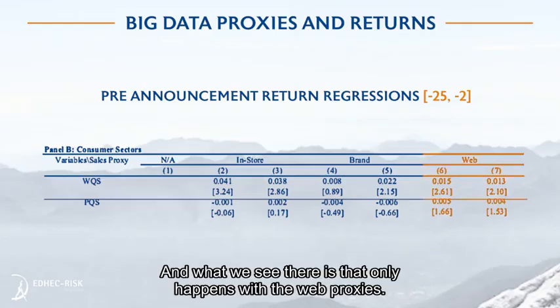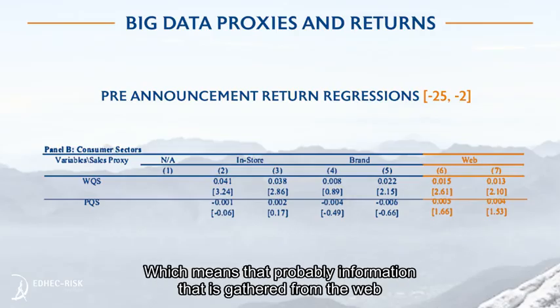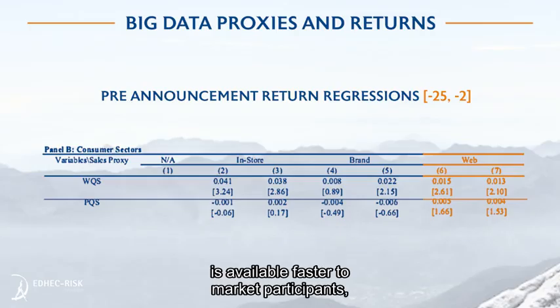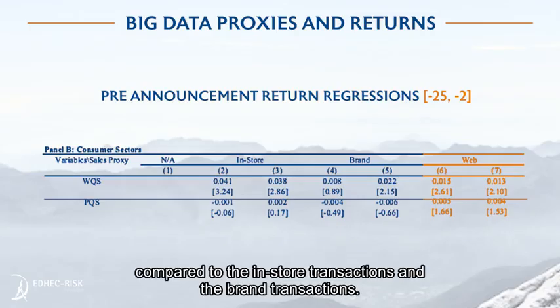And what we see there is that only happens with the web proxies, which means that probably information that is gathered from the web is available faster to market participants compared to the in-store transactions and the brand transaction.